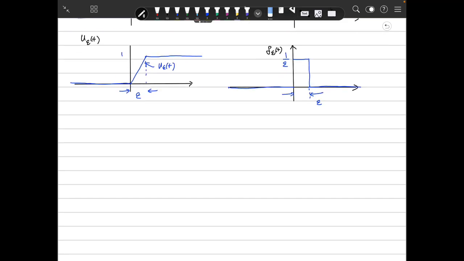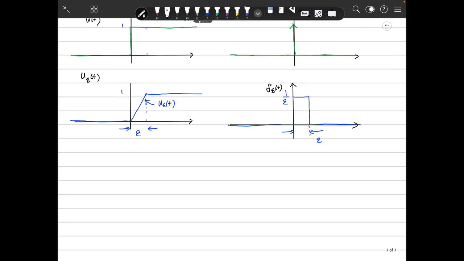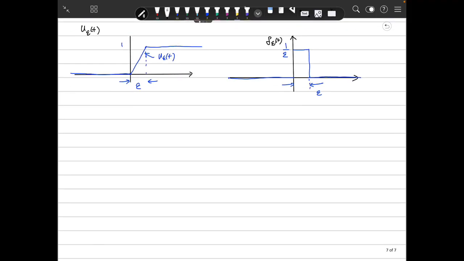Then we can rewrite it: delta epsilon t is 0 when t is negative, and 1 over epsilon for t between 0 and epsilon, and 0 when t is larger than epsilon.